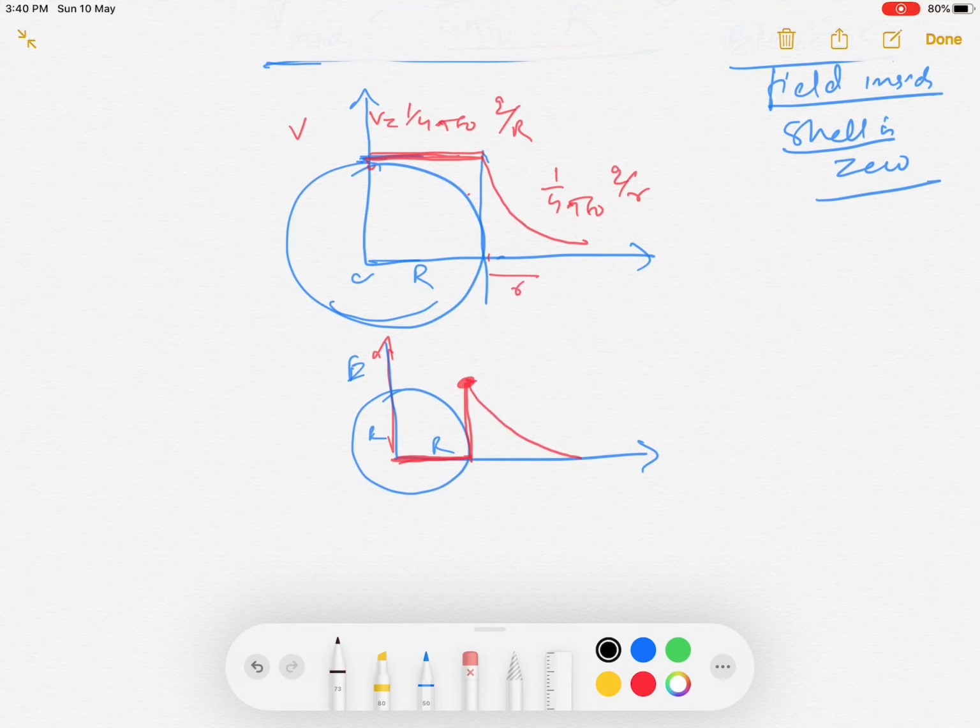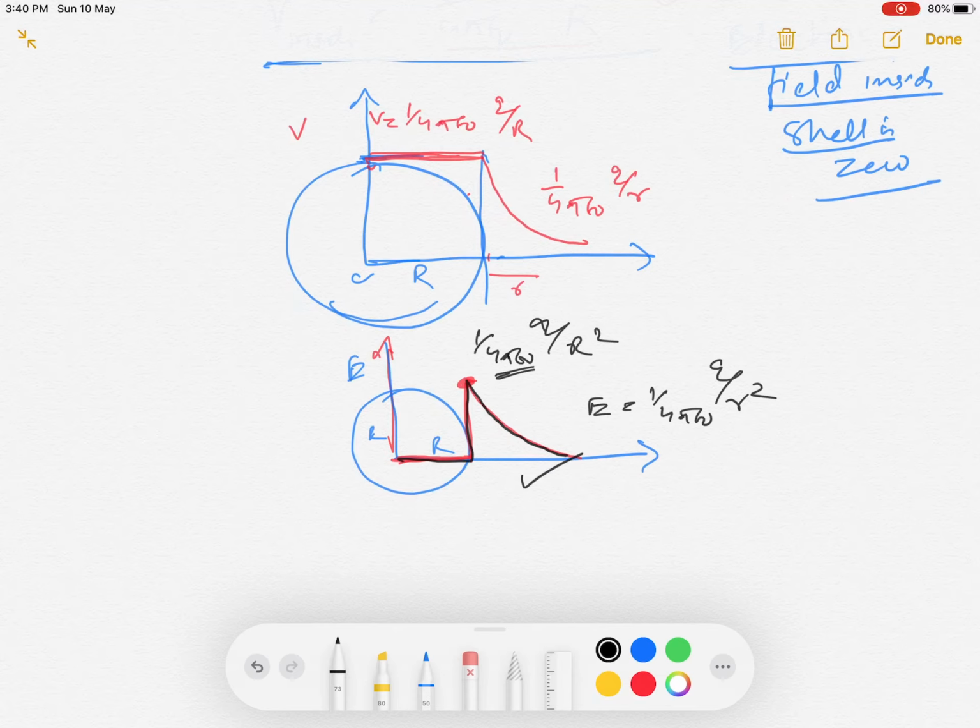So the main part is, for electric field the graph will be this black line, 1 upon 4 pi epsilon 0 q upon r square, whatever formula you got during Gauss theorem.